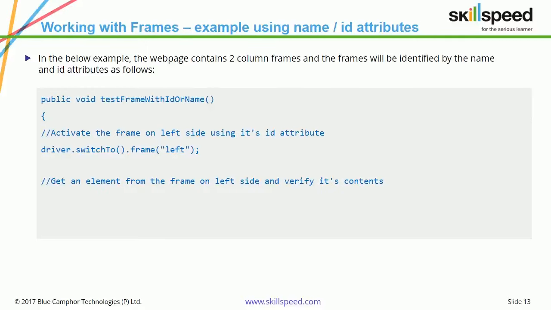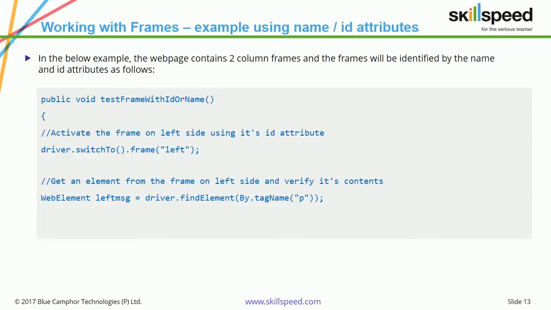Now we will get the element from the frame on the left hand side and verify its contents. I am using the statement WebElement leftMsg equals driver.findElement(By.tagName("p")). This will get us the paragraph contained in the frame. Because I am storing that paragraph into the variable leftMsg, I want to check whether the text contained in that web element matches the text that I am expecting.